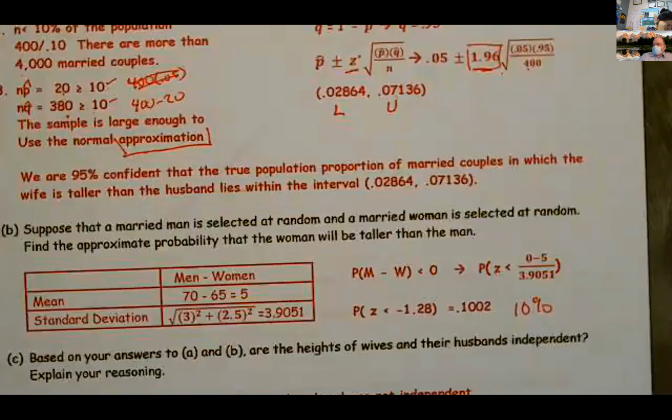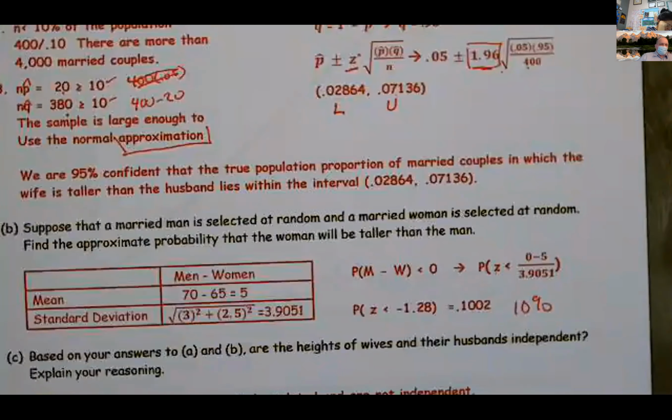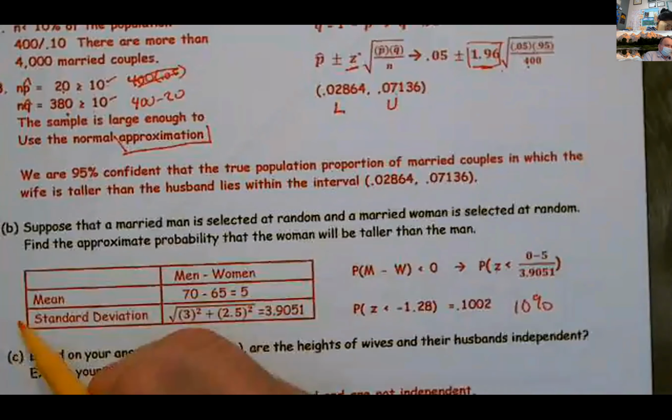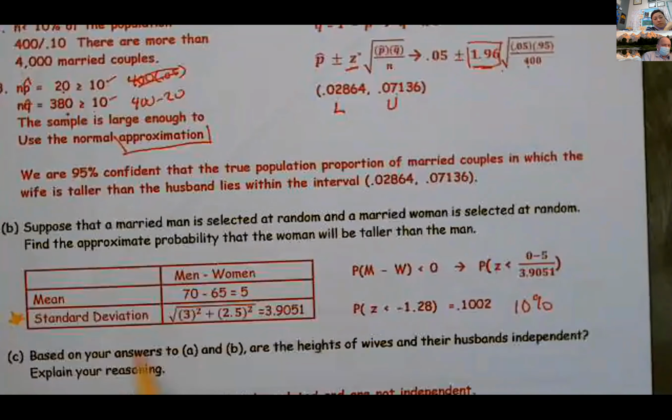Now, one thing I want to caution you about before I go any farther, because I need to get this out: I can only combine standard deviations if, in fact, they are independent.